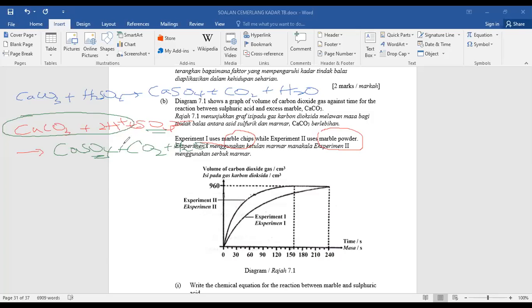So in this case, we are still sticking to the frequency of collision between the calcium carbonate and the hydrogen ion in experiment 2 is higher than experiment 1. And for the next part, the frequency of effective collision between the calcium carbonate and the hydrogen ion in experiment 2 is higher than experiment 1.